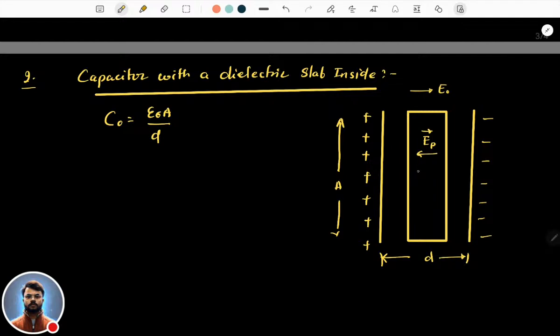So the net electric field E is equal to E naught minus EP, and the direction is the same as outside. E naught means E outer, you can say it both ways.